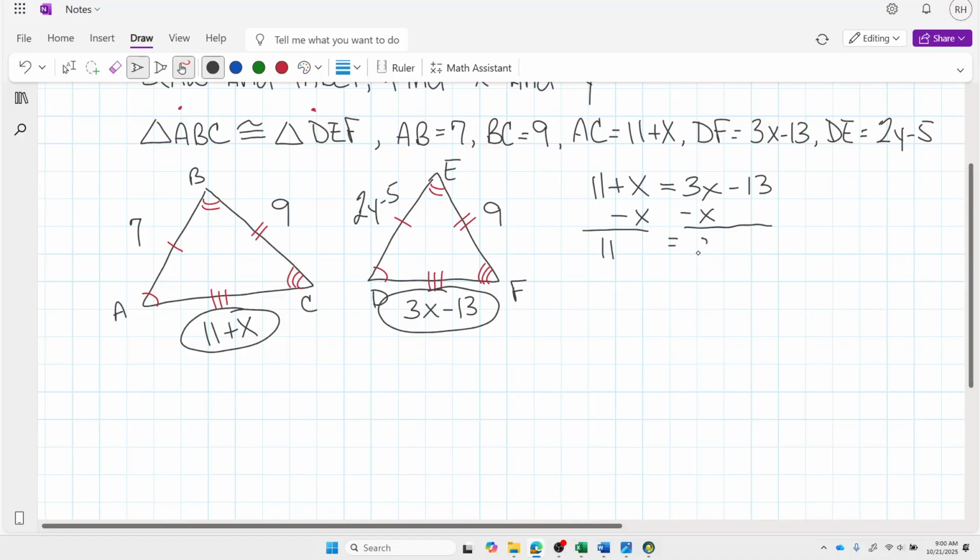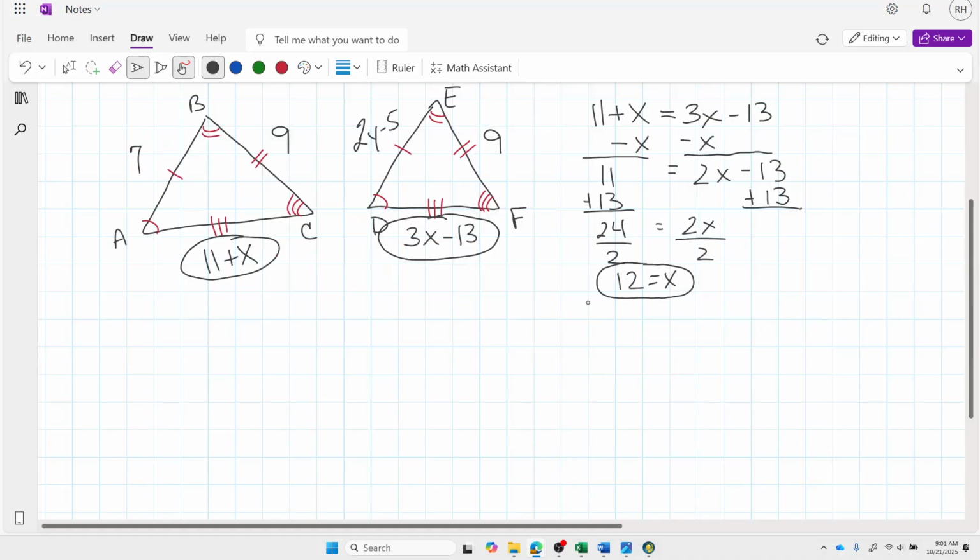And 11 equals 2X minus 13. Add 13. And 24 is equal to 2X. And then divide by 2. So 12 equals X. Any questions there?